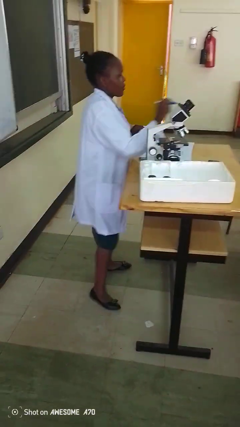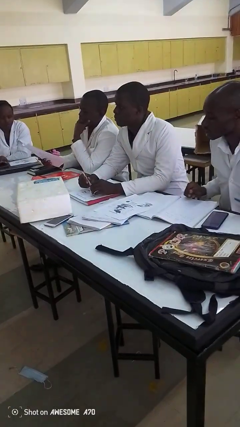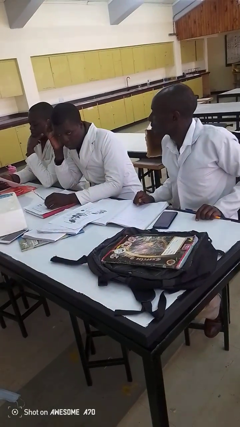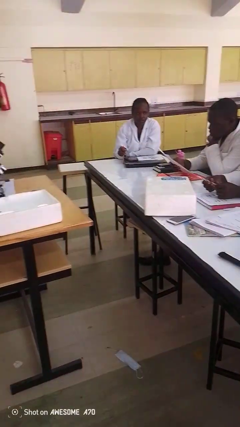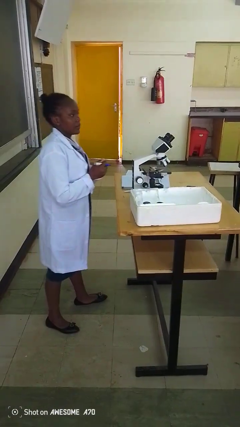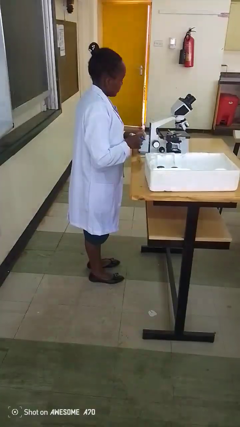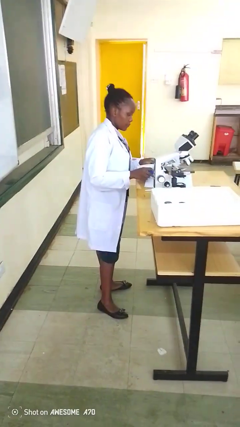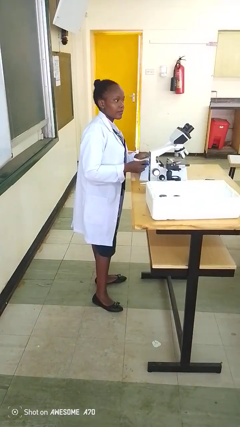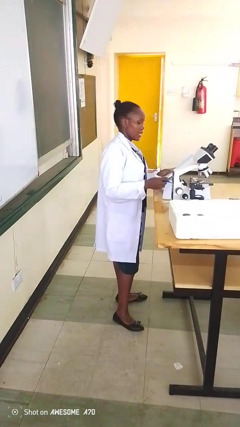Okay, so who has the digital microscope to share the unique parts of it? It has a digital LCD screen. It also has the diopter adjustment. Yes. The only difference with others is the digital LCD screen. Okay, yes.